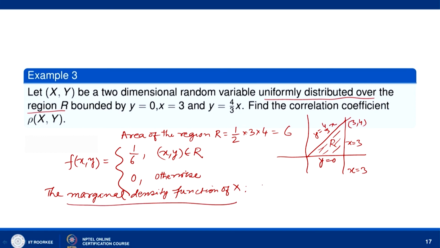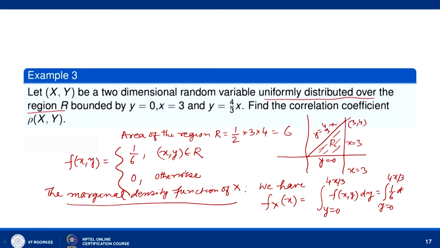So, we have f_X(x) equal to the integral, y varies from 0 to 4x by 3, of f(x,y) dy. This is the probability that X takes the value x. So, this is equal to the integral over y from 0 to 4x by 3 of 1 by 6 dy.